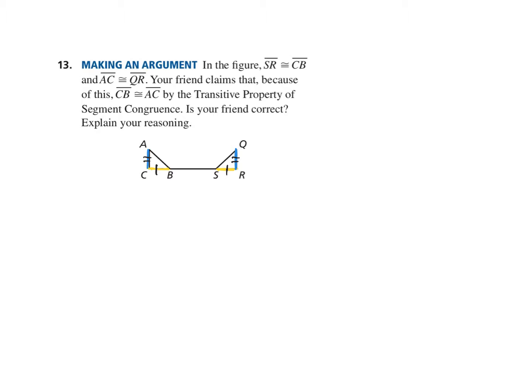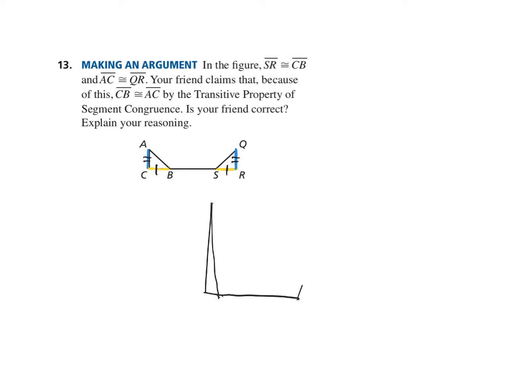Okay, there's really no way to say that those two are congruent to each other, that CB is congruent to AC. All right, so how come we can say that? Well, first of all, you could just draw it in a different way. All right, so we have this right here.